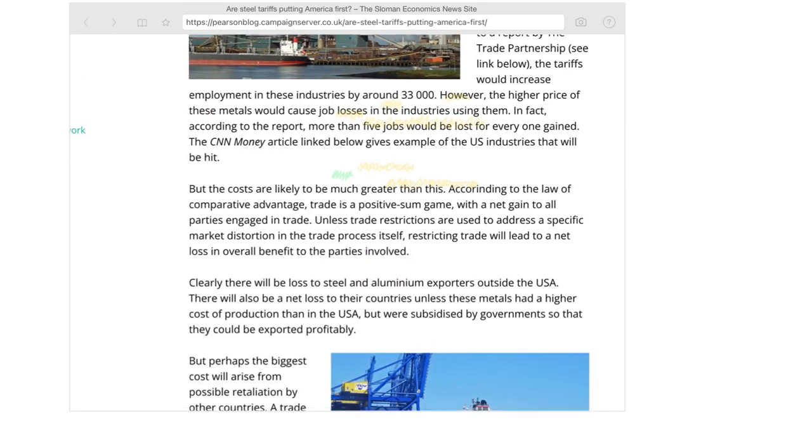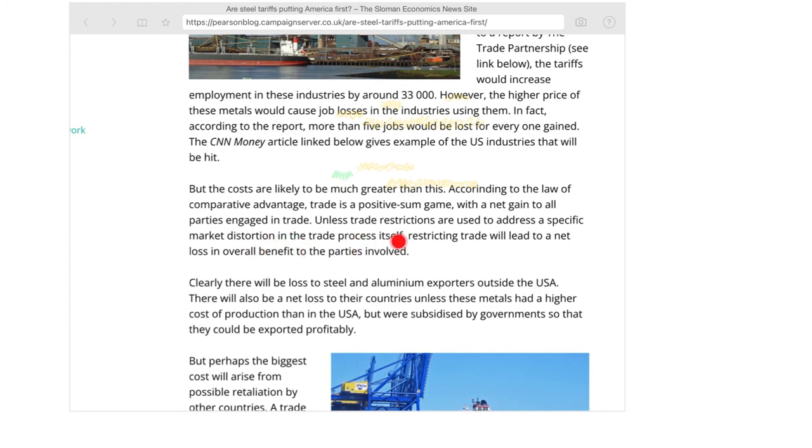And then it says here, finally, just to sum it all up, the costs are much greater than this. According to the law of comparative advantage, trade is a positive sum gain. In other words, both countries benefit from comparative advantage. Unless trade restrictions are used to address a specific market distortion, so you can use that according to the World Trade Organization if the other country are unfairly subsidizing their industries.